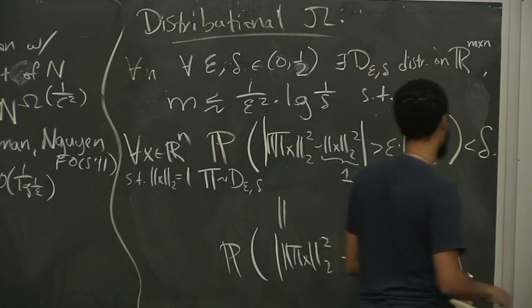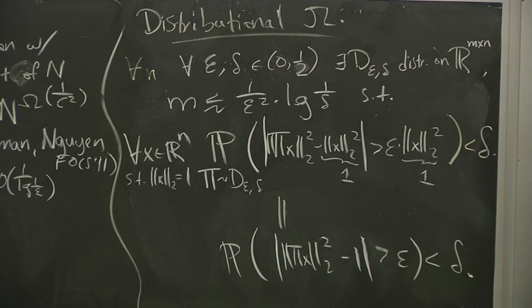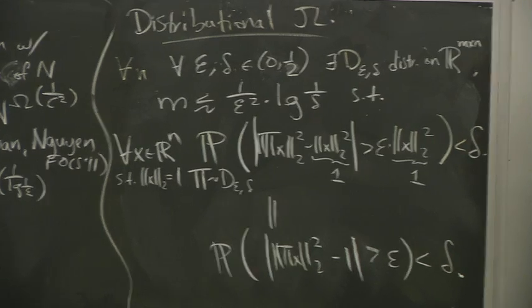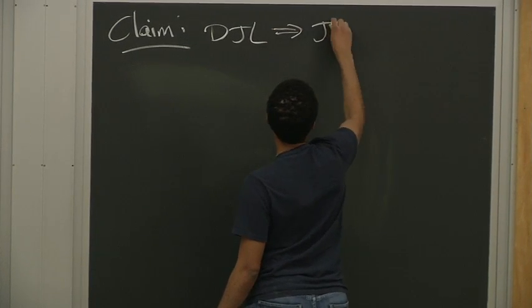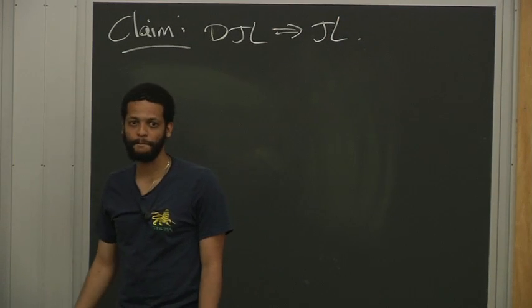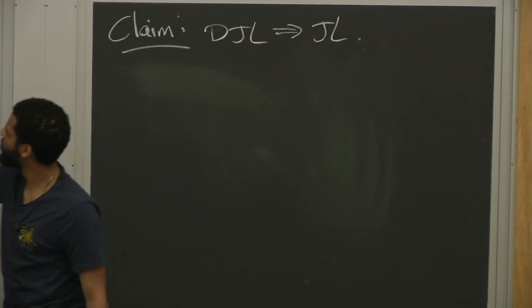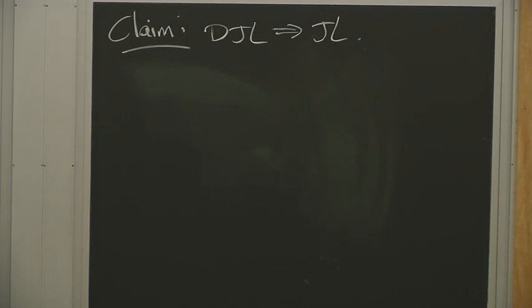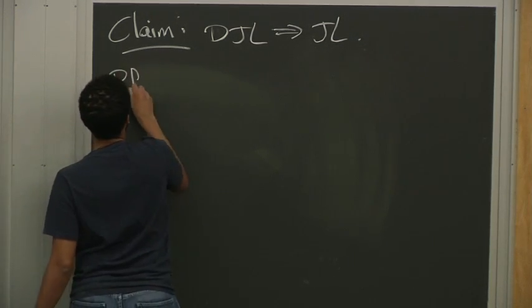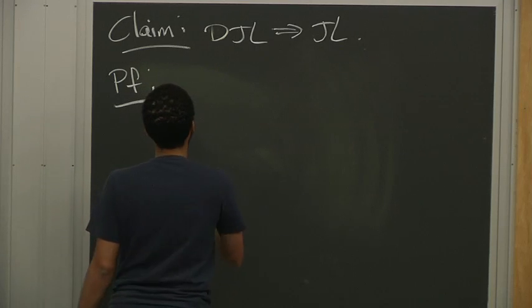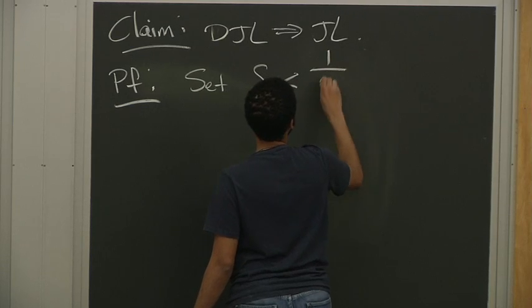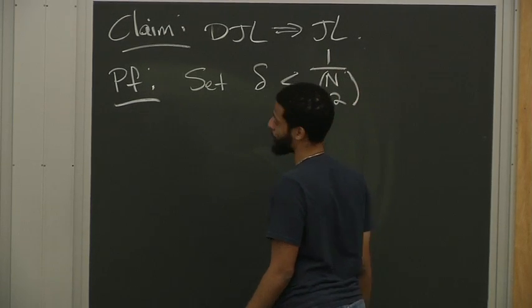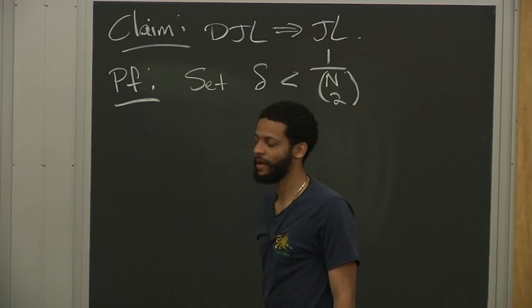So before we prove the distributional JL claim, I claim that DJL, distributional JL, implies JL. If we proved this theorem, it would imply the JL lemma. Proof: set delta to be less than 1 over n choose 2. Okay.